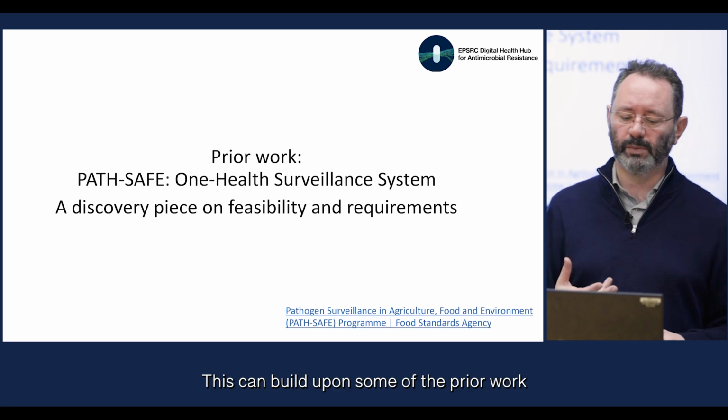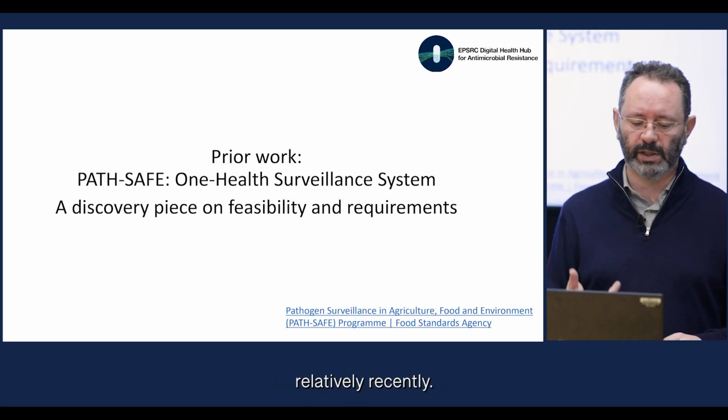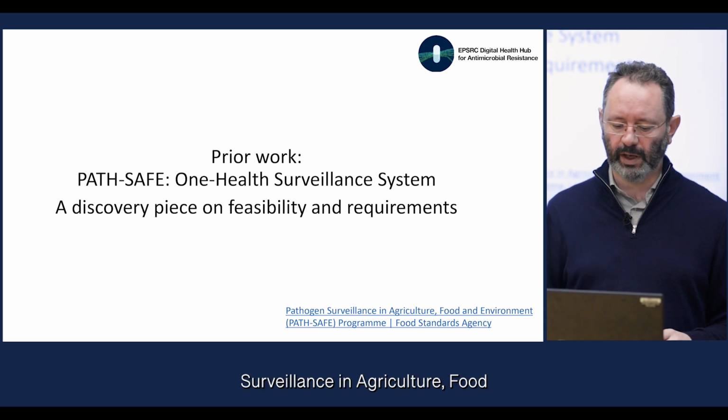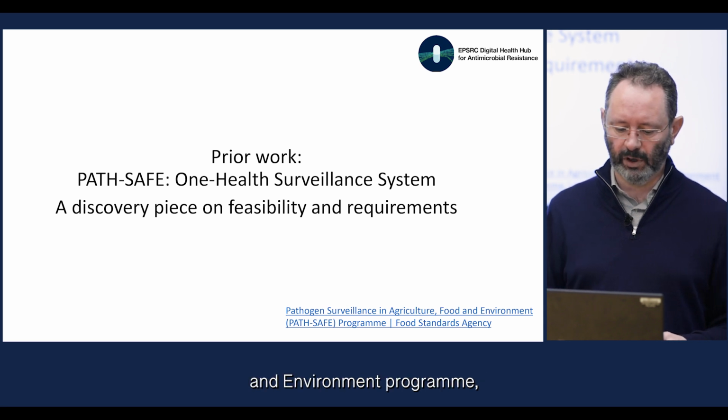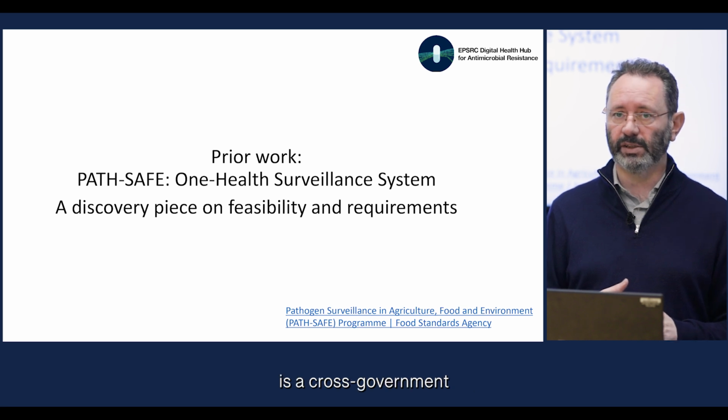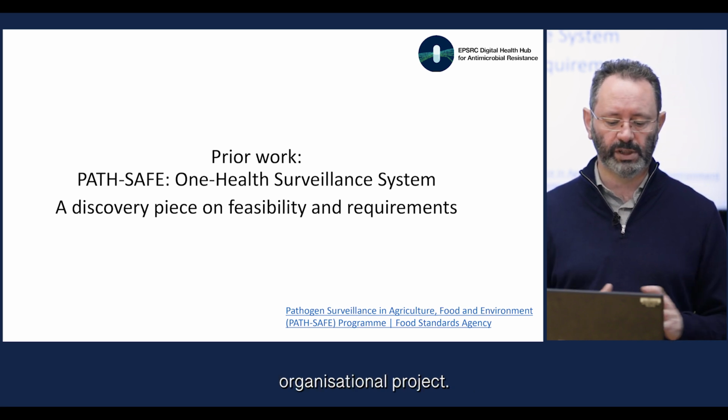This can build upon some of the prior work that's been done relatively recently. The Pathogen Surveillance in Agriculture, Food and Environment Programme, which is run by the Food Standards Agency, is a cross-government organisational project.